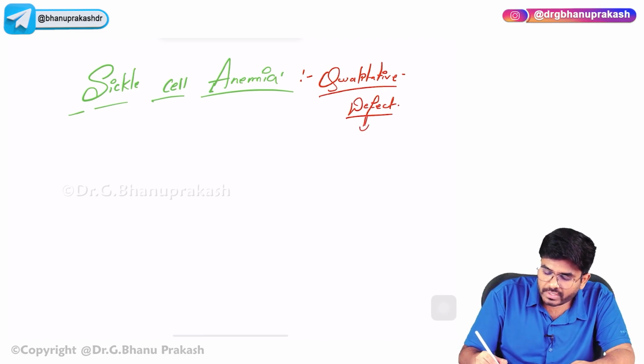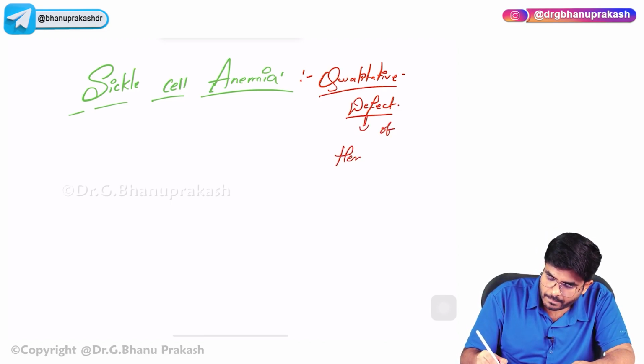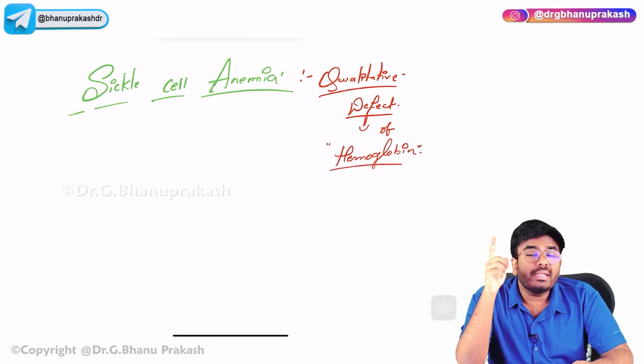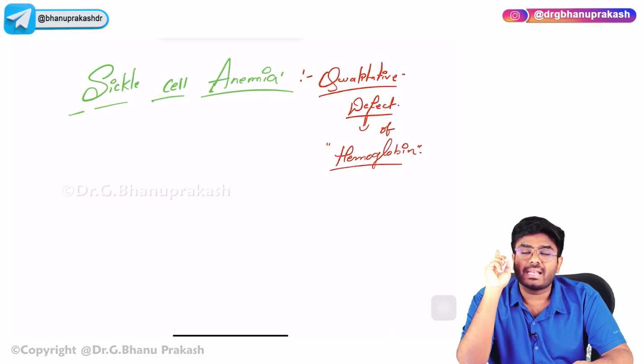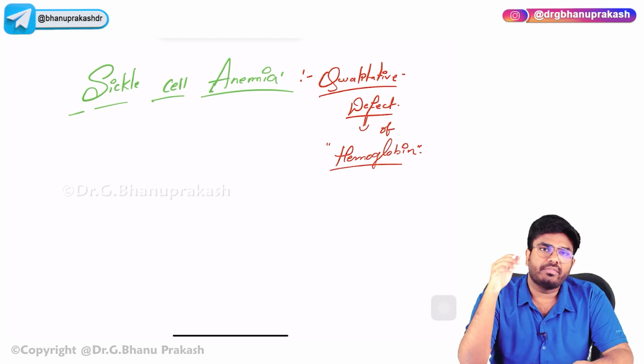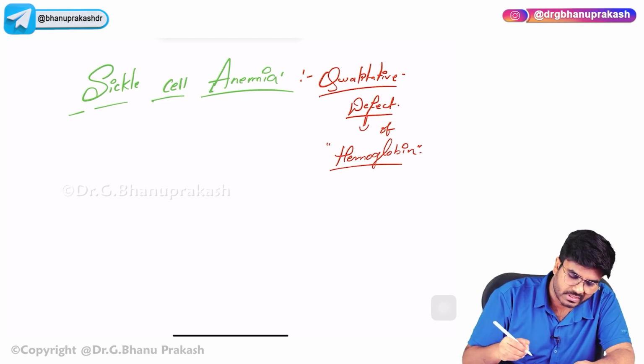Qualitative defect of what? Qualitative defect of hemoglobin. Now this is not a normal hemoglobin. See, a quantitative problem of hemoglobin is seen in thalassemia. Here it is a qualitative defect. Let's discuss some important points about this sickle cell anemia.